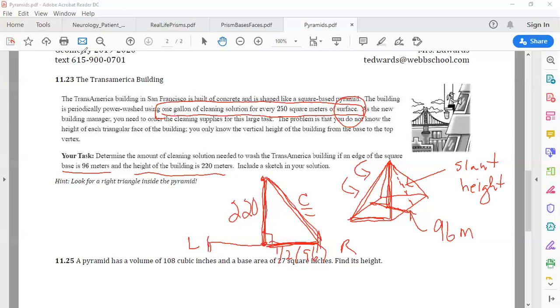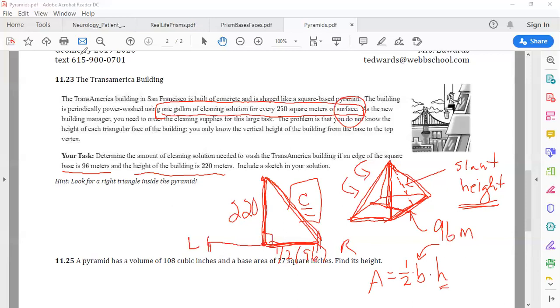Now, once you figure out what that number is, then what can you do? Well, what's the area of this triangle? The area of the triangle is 1/2 the base times the height. We know the base is 96, and this slant height is the height, and that's what our C is over here.